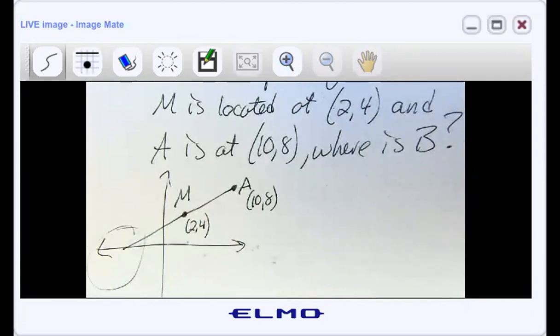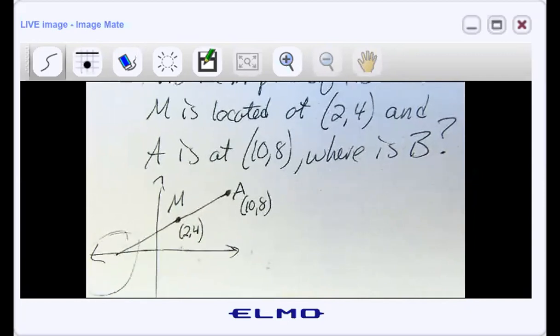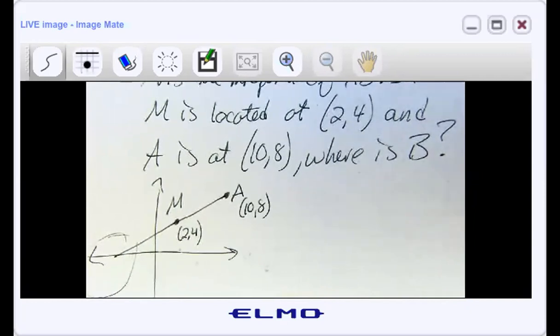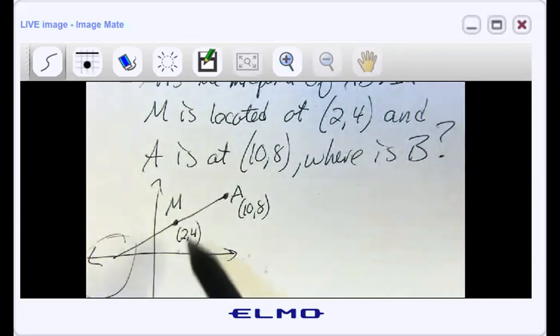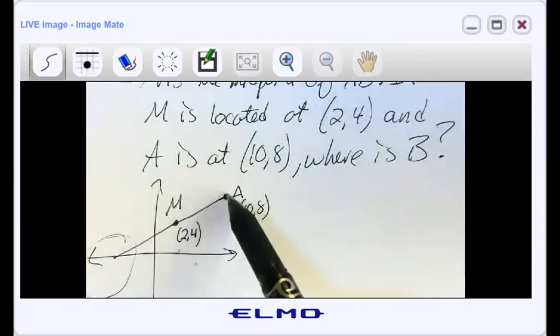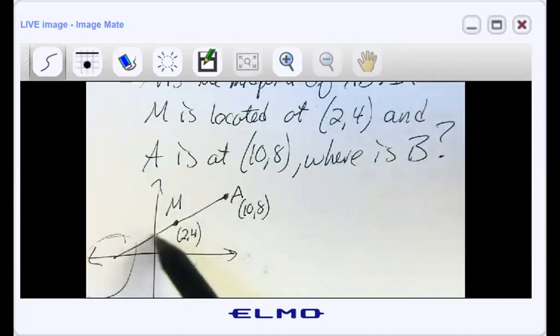If you just do exactly what we did yesterday, you're going to get another point that's right here, halfway in between M and A, but that's not what we're looking for at all. I'm trying to figure out where B is. I already know that this is the midpoint of the segment. So if I have part of the segment going this way, the rest of it has to go this way if that's going to be the middle, right?